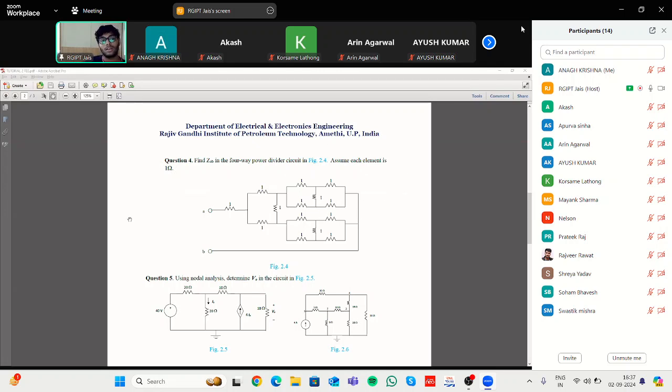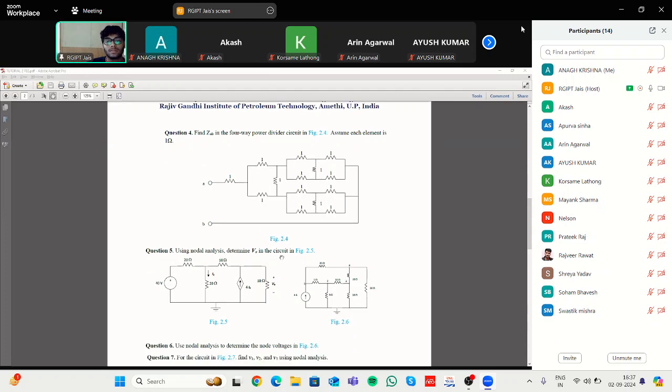You can solve it. Only 1 minute for this question. Quite easy, you can solve this. Do it quickly.